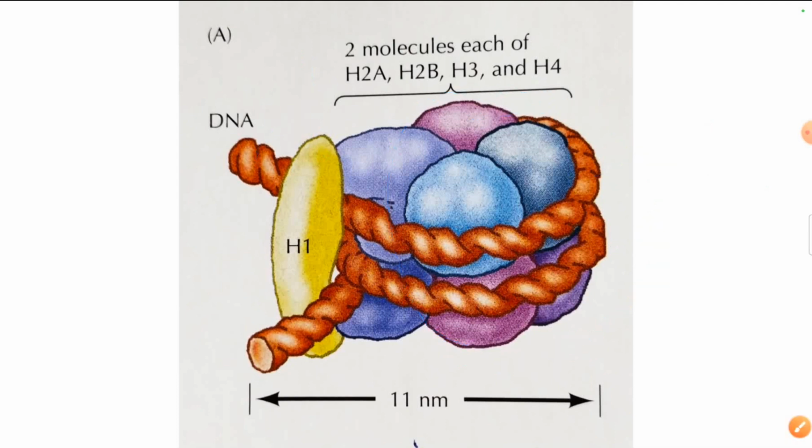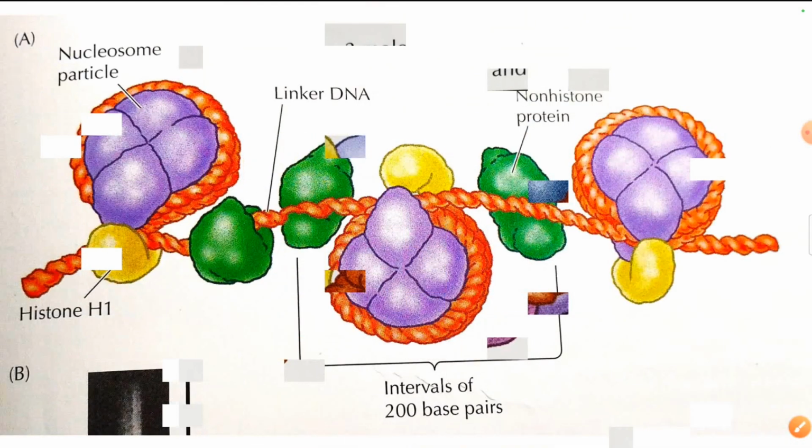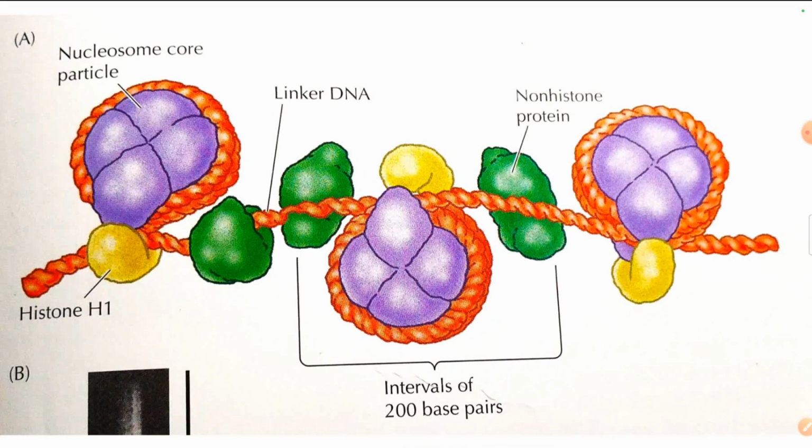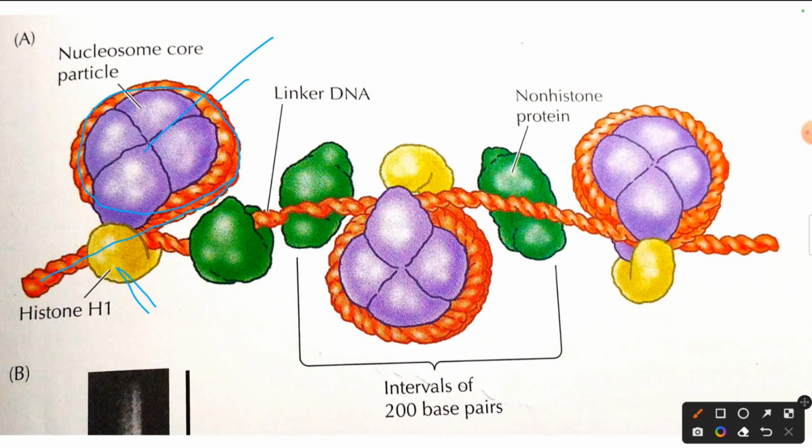You can see in this diagram, this one is the nucleosome core particle, this one is the DNA which wraps around it, and this one is the histone H1 which is bound to the DNA. Got it?